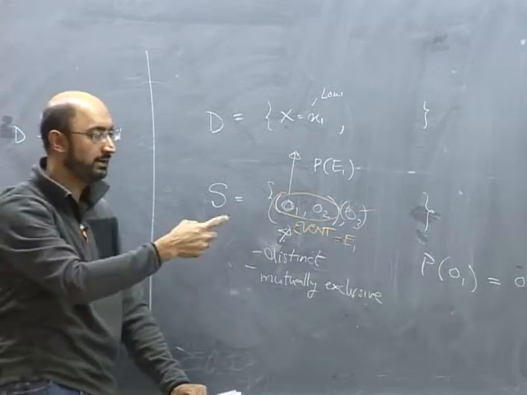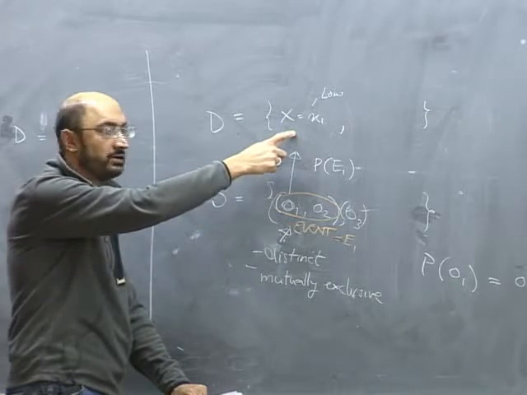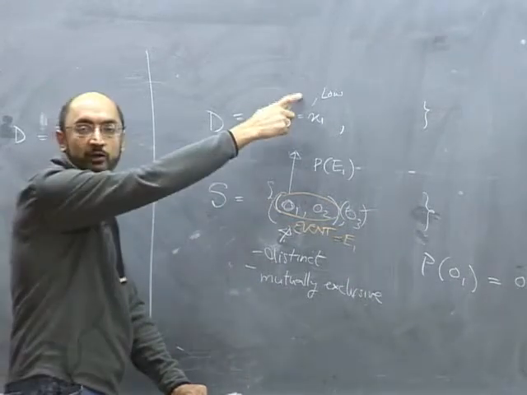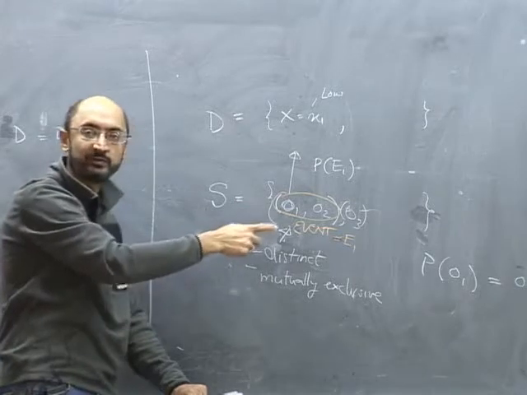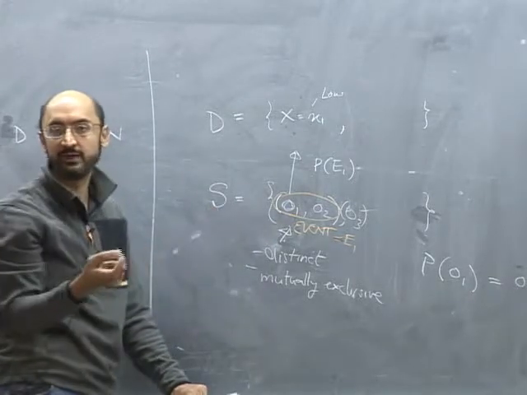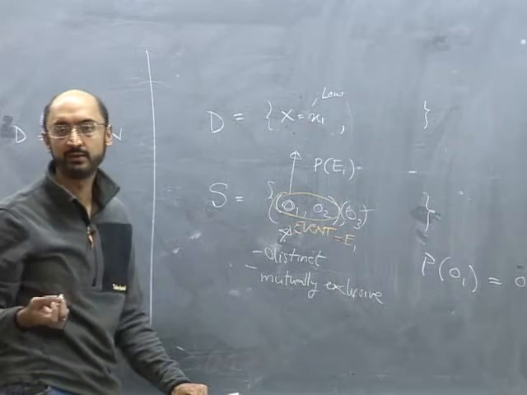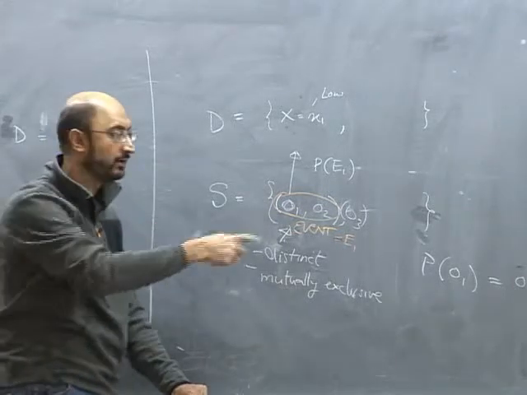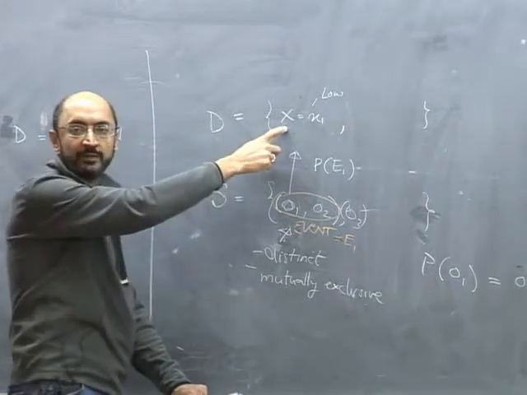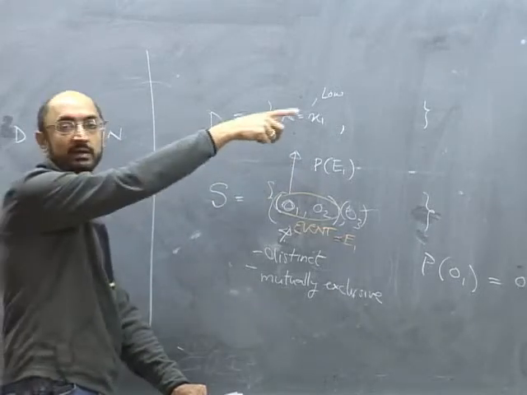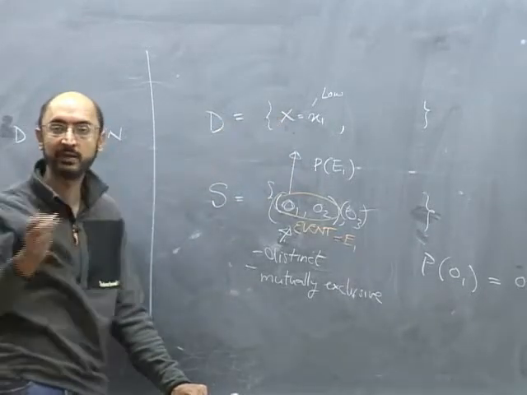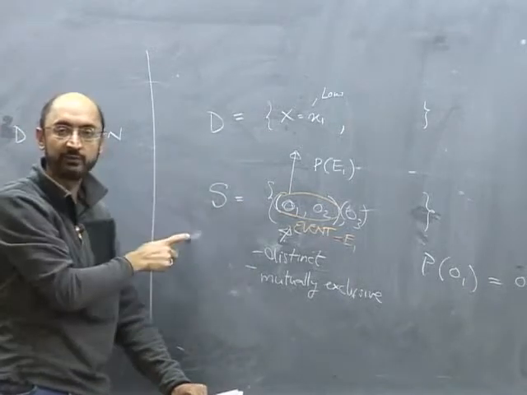But the value assumed by the random variable could be from a different space, for example, low, medium, high, whereas the sample space has outcomes which are 1, 2, 3. So they're different spaces, right? 1, 2, 3 is not the same as low, medium, high. But the events correspond through some mapping into the domain, which is low, medium, high. So that's why you have to be careful that the domain is not the sample space.